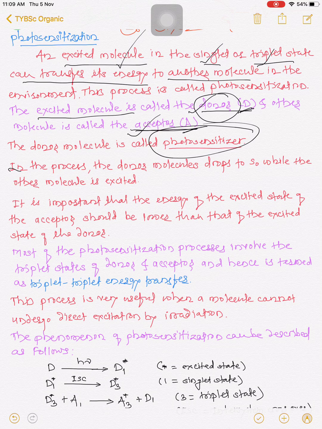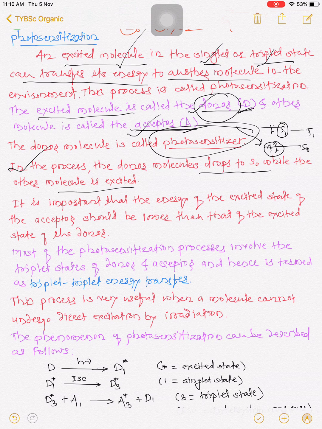So in the process, the donor molecule drops to S0 while the other molecule is excited. If it is ground state S0, this is S1, and the electrons which are present initially in the lower energy state are now, by absorption of light radiation, excited to the higher energy state. This molecule, present in the singlet excited state, transfers energy to another molecule.